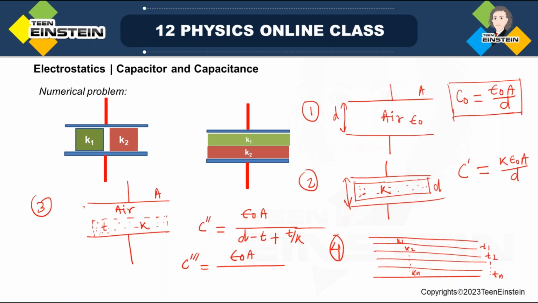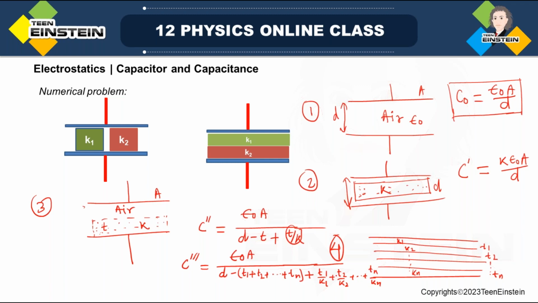Now there is nothing called D here, but still I'll write D minus, T1 plus T2 plus dot dot dot Tn, and the other term will be written as T1 by K1 plus T2 by K2, and like that it goes up to Tn by Kn.